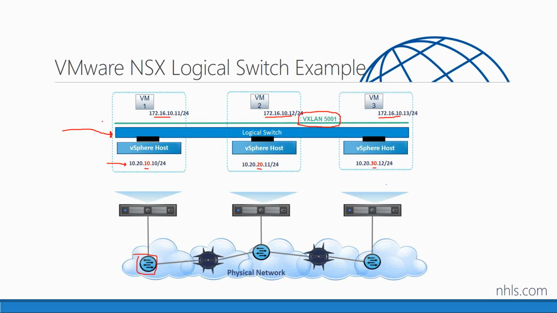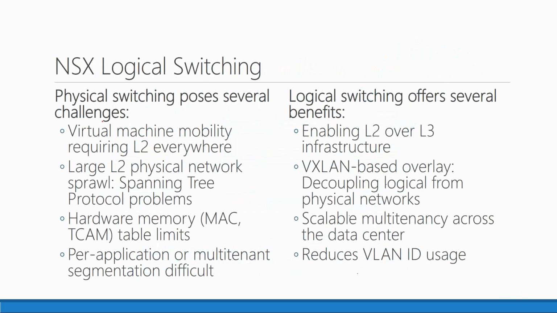Now, I've mentioned most of the things on this particular slide in going through that explanation. Again, as our layer 2 networks have grown and we've stretched those VLANs, that gets complicated. You know, spanning tree problems. We run out of VLANs in our environment. We've got MAC address table limits and things like that. It physically gets difficult to do.